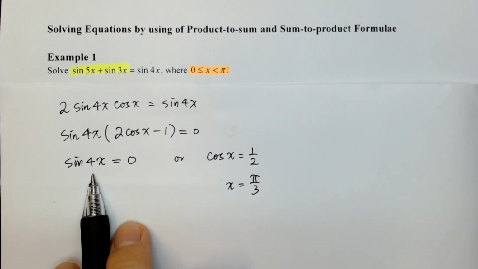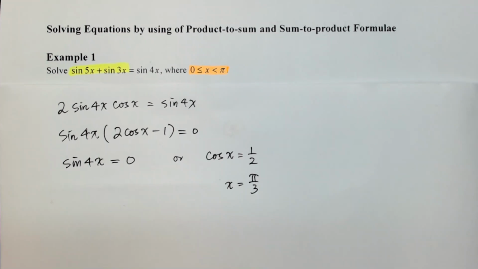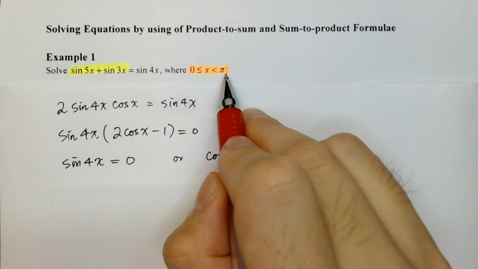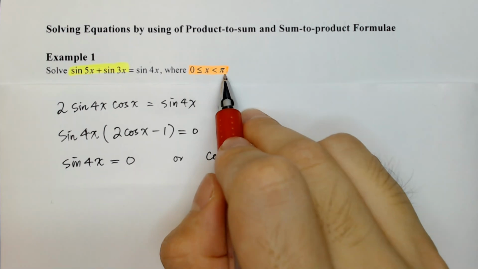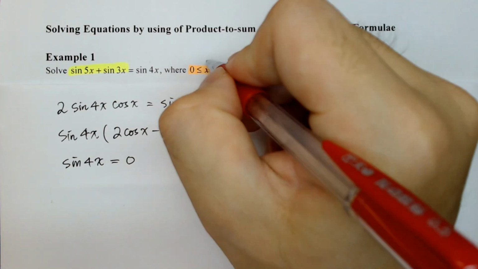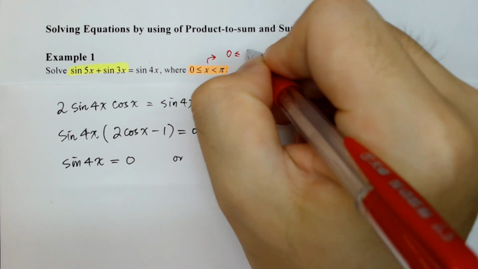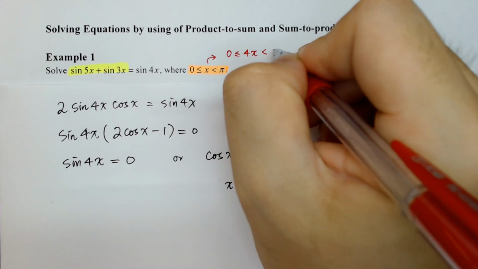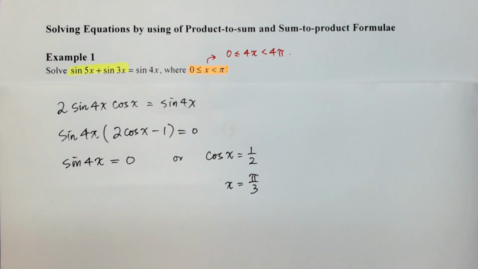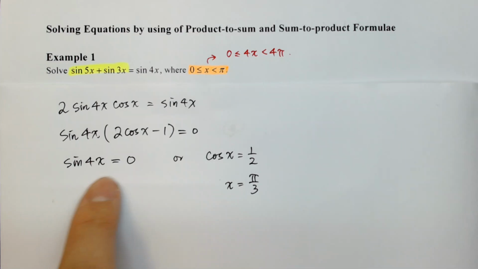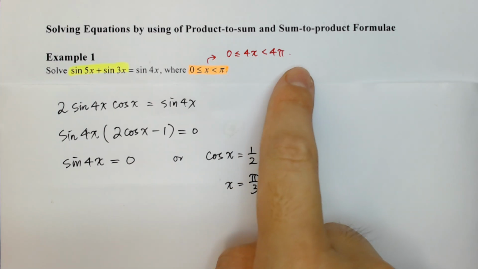But for sine of 4x equals 0, make sure you know that when you are solving for x in the range from 0 to pi, you need to solve for 4x from 0 to 4 pi, by just multiplying by 4 on all sides, excluding 4 pi, of course. So whenever you are finding the solution here, you need to find up to 4 pi.